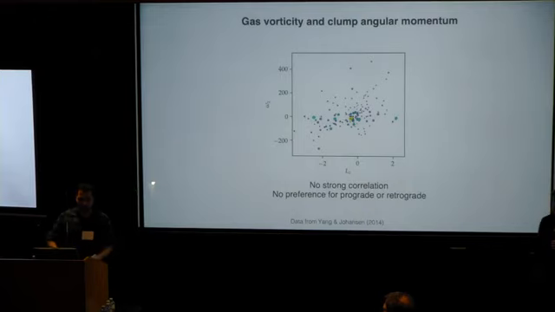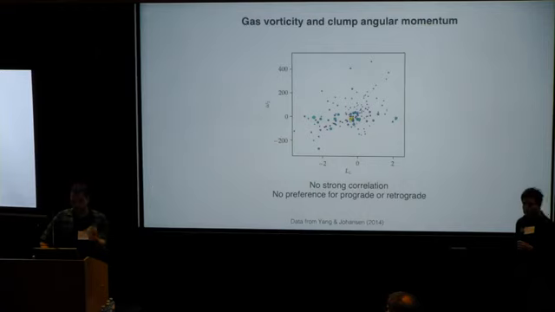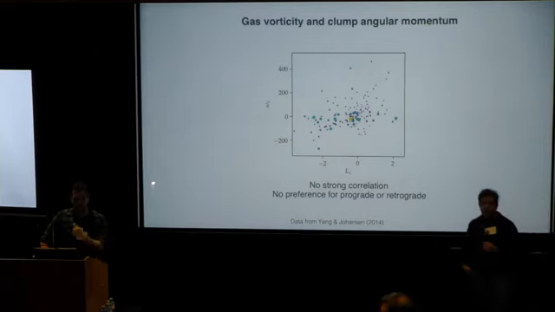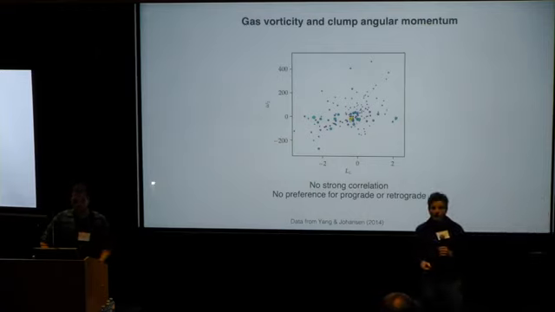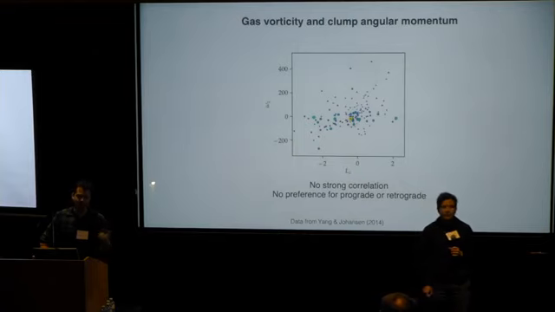So there is no preference if the angular momentum will point upwards or downwards. Once you add the gravity, then you have a force that is countering the rotation, right? So you can have equilibrium.